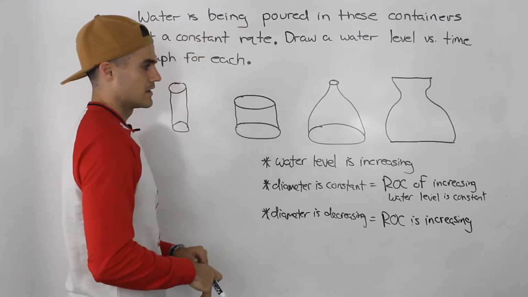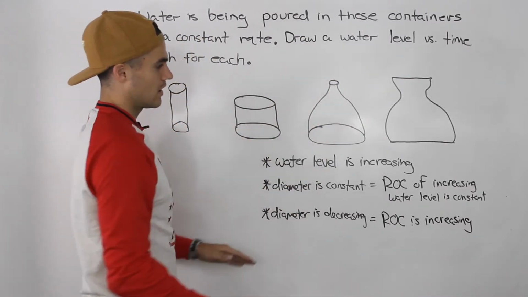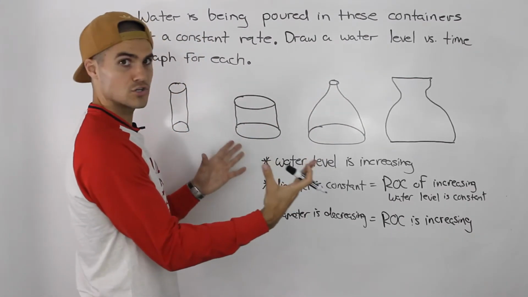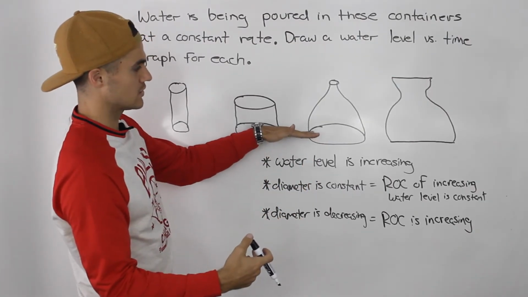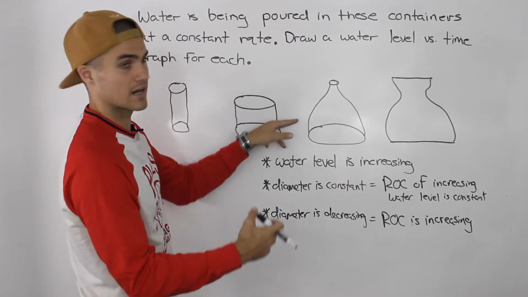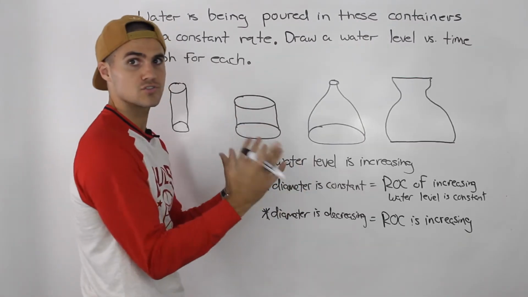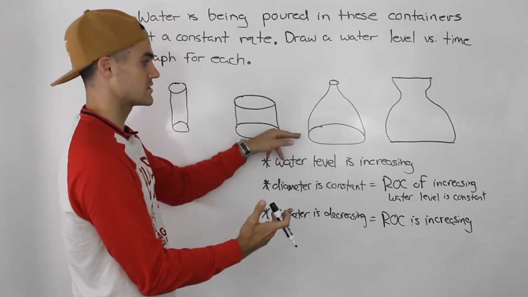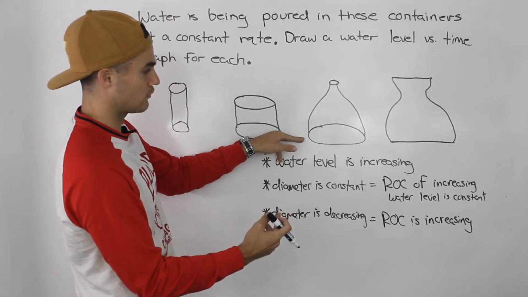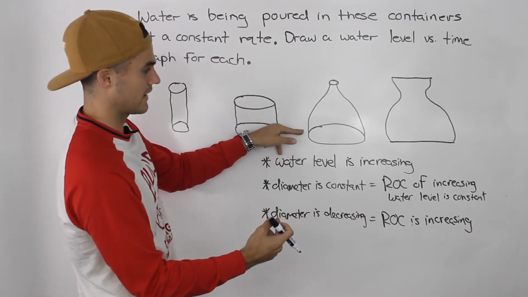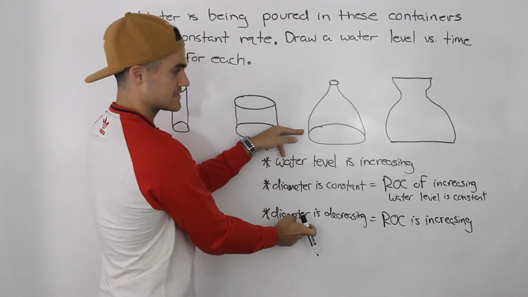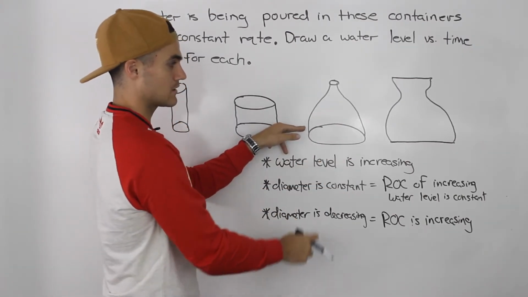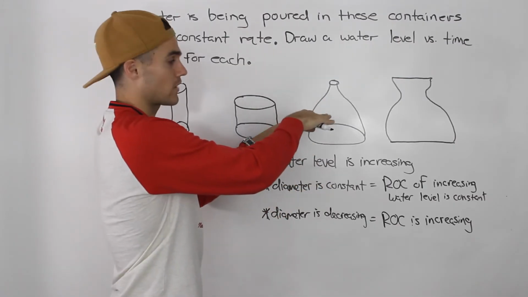Why is that? Because if we're pouring water at a constant rate for a larger diameter container, it means that the water level is going to rise up more slowly because there's just more container to fill. It has a larger diameter. So the water level is going to rise up slowly at first, but as the diameter is decreasing, what's going to happen to that water level rate?